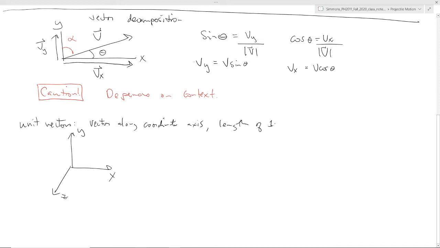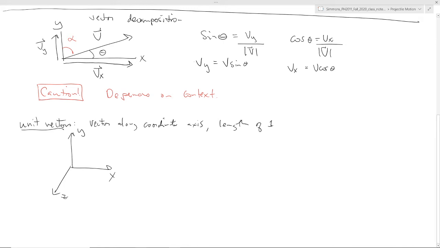And we'll go into more mathematical detail with this when we talk about different kinds of vector multiplication. Depending on where you are in calc, you may have dealt with the dot product or the cross product. And to do those operations, you need to be able to work with these unit vectors. But for our purposes now, just think of it as a label that tells you the direction that something's going. And it's a special vector that has a length of 1.